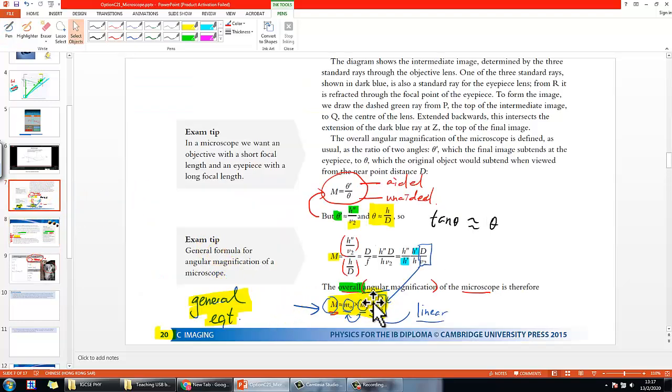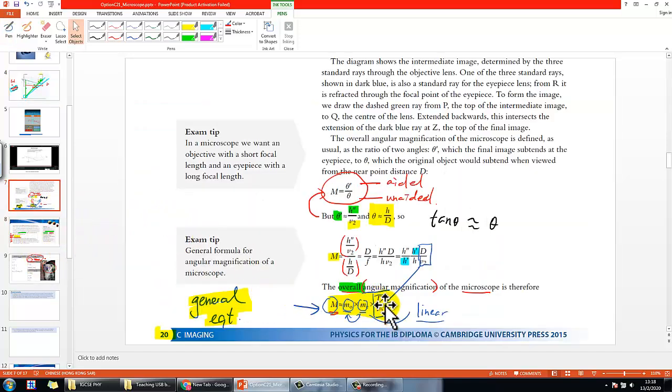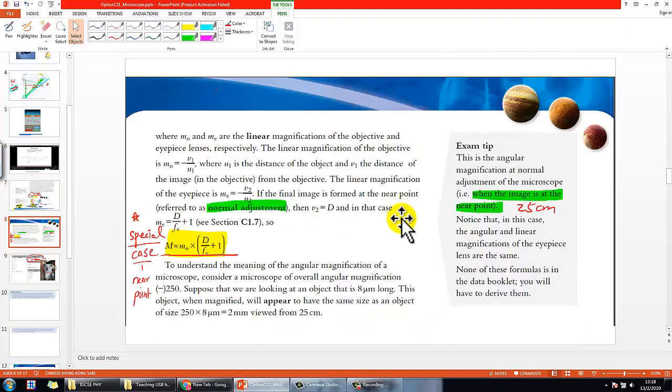If you look at this equation again, when you are at near point, then v2, which is again the image distance for the final image, is at near point. So like I said, your eye here, and then this is 25 cm. And then in that case, from this equation, this fraction d over v2 will become d over d. So that means it will be exactly the same.